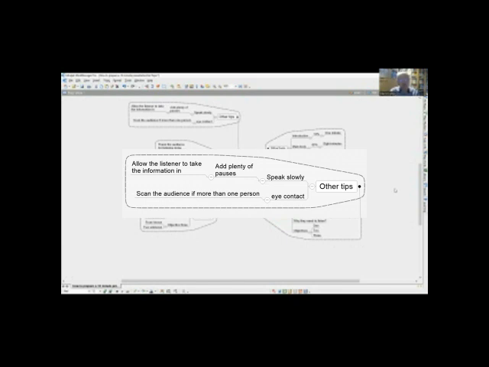Now, the reason for this is that people can only take information in at a certain speed. It's important to add pauses. These pauses will allow their subconscious to absorb the information that you just talked about. So put lots of pauses in.